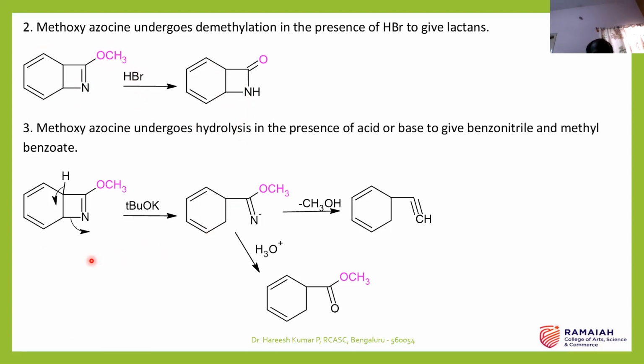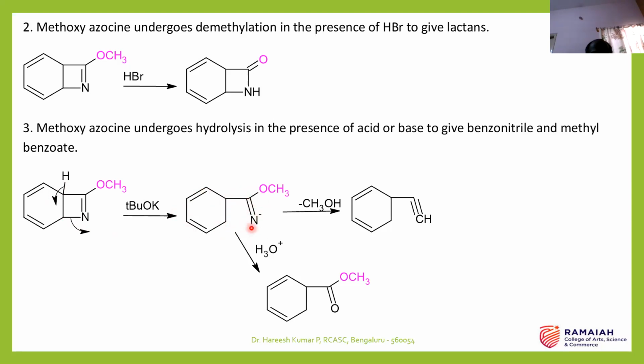Similarly, you can also observe that when this bicyclic compound is treated with a strong base called tertiary butoxide, the anion present over here can abstract a proton here. Once the proton is abstracted, this bond pair can come over here, and this bond pair will sit on the nitrogen. That is how the product is obtained. This product is highly unstable.